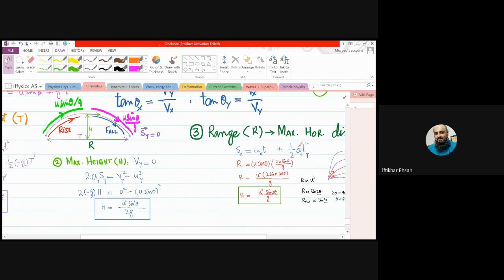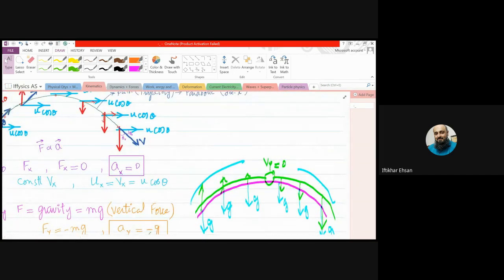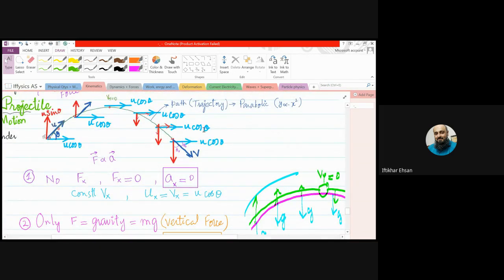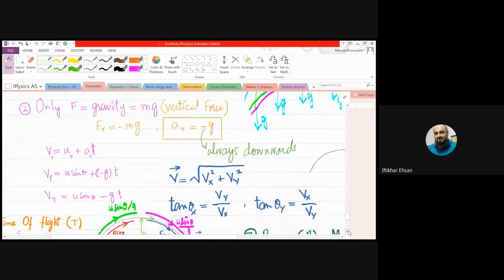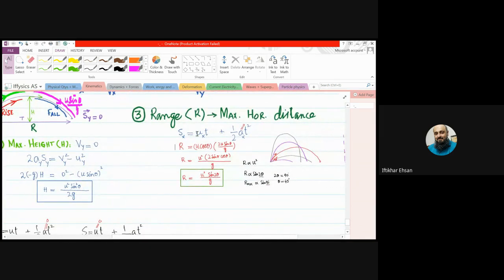So horizontal acceleration is zero, this all becomes zero. Horizontal distance is called the range. Horizontal velocity is u cos theta, as we have seen right from the start. But importantly, the time for range means the time from the start of projection to the landing.